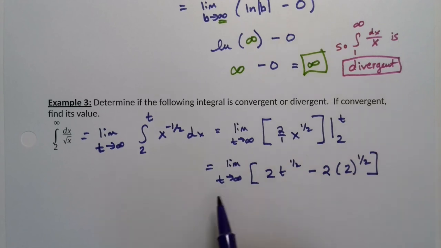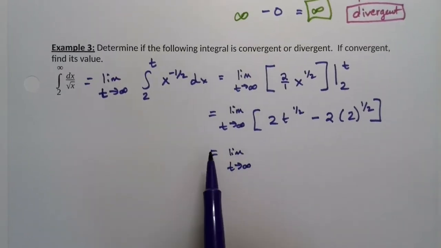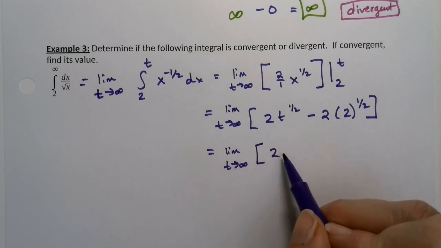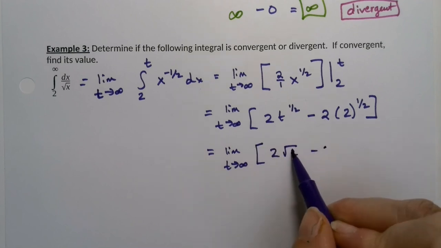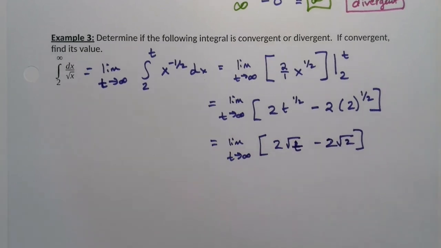Yes, you could factor out a 2, in case you're wondering. I just didn't bother. So that's the limit as t goes to infinity of 2 square root of t minus 2 square root of 2, which is what I was thinking of when I was writing that.